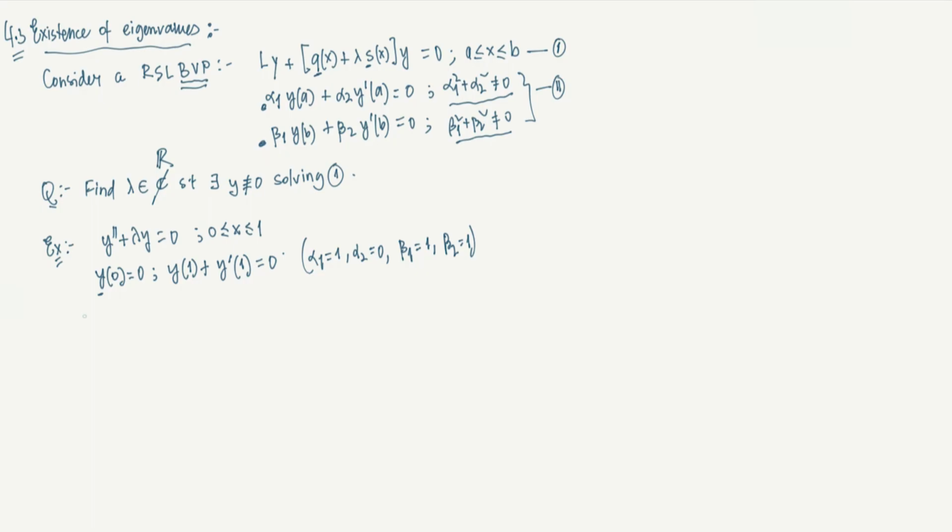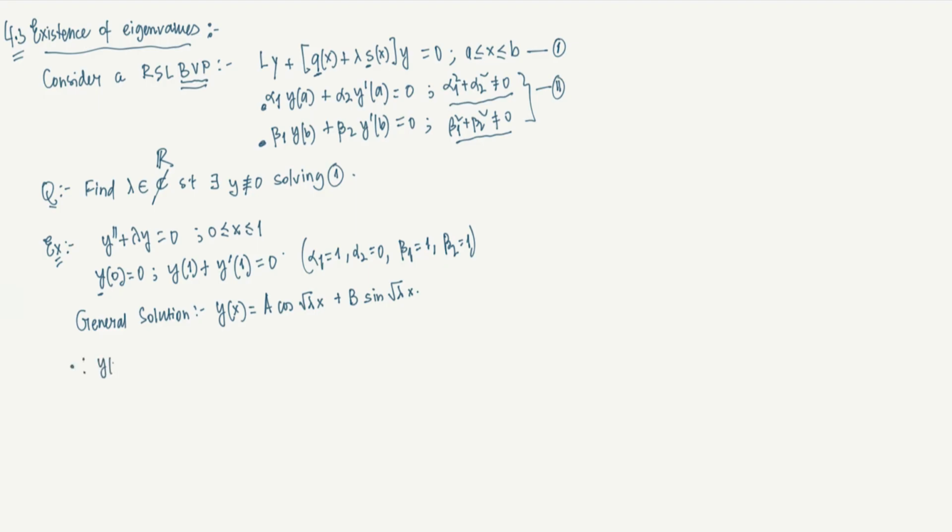Now, what is the general solution? Without thinking about it, we can just write it down: y of x is a cosine root lambda x plus b sine root lambda x. I'm not solving it, but it's very easy to do; you remember the e to the power mx type of approach and you can find the general solution. Now let's put in the boundary condition.